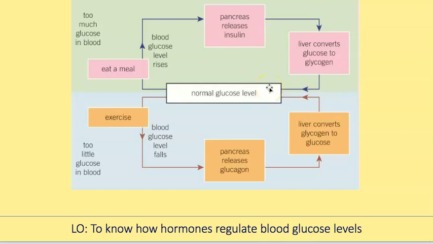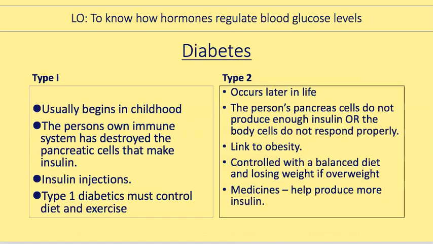So in this case, if your blood glucose level rises, the negative feedback loop will bring it down back to normal. But if your normal glucose level falls, the negative feedback loop will release glucagon to bring it back up to normal. Okay, so moving on then.